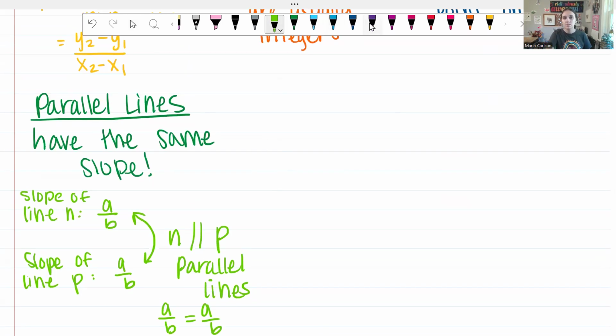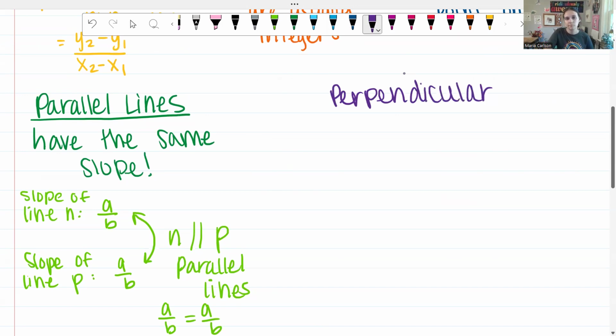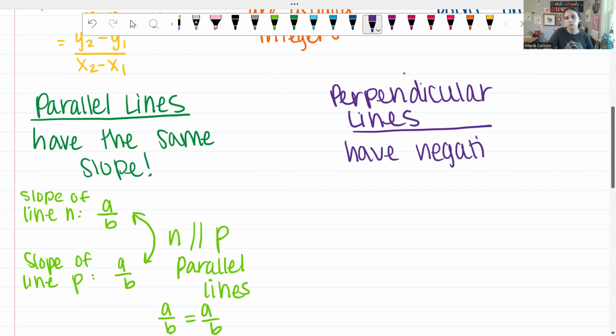Perpendicular lines have negative reciprocal slopes.